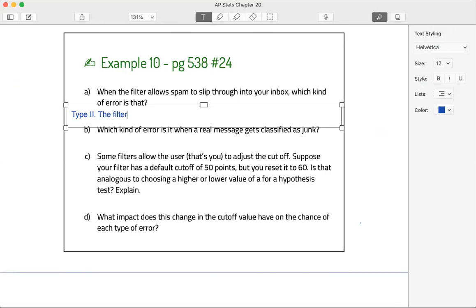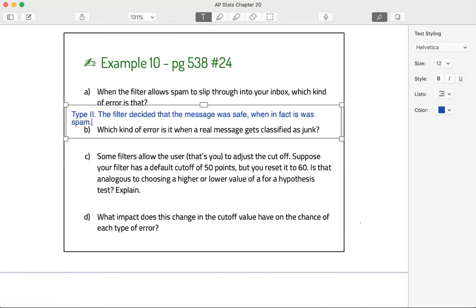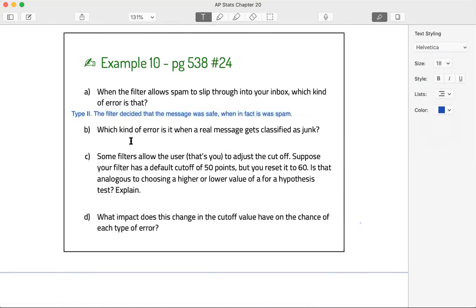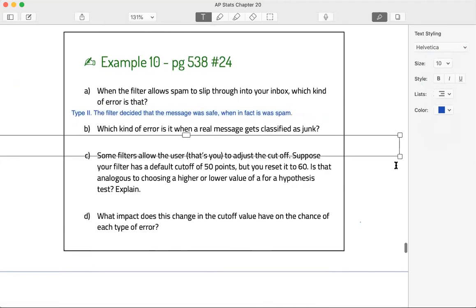The filter decided that the message was safe when, in fact, it was spam. Let me make this even smaller so it fits on one line. There you go. All right, let's go to the next one.